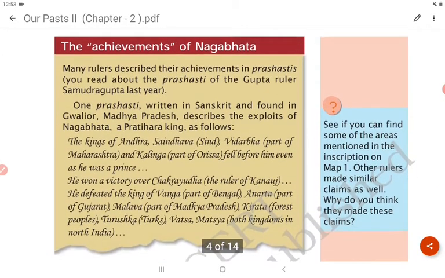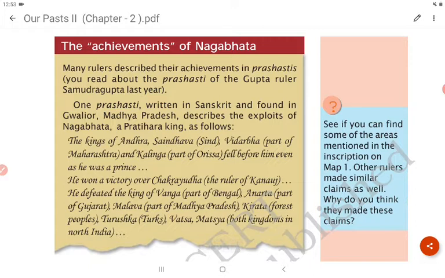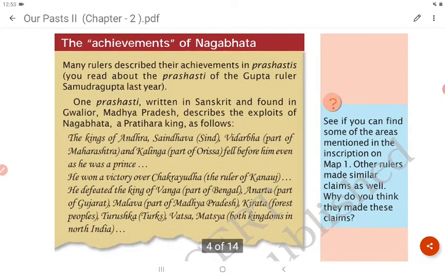The achievements of Nagabhata. Many rulers described their achievements in prashastis. You read about the prashasti of the Gupta ruler Samudragupta last year.